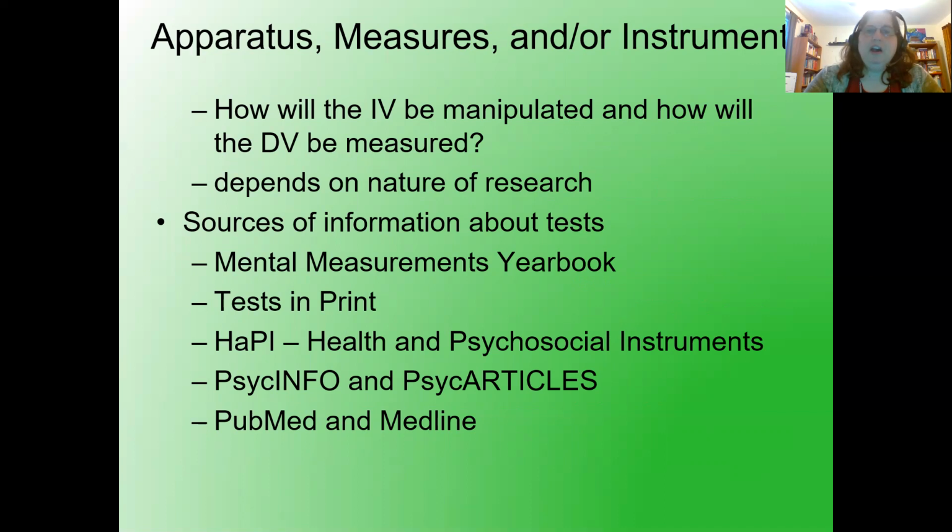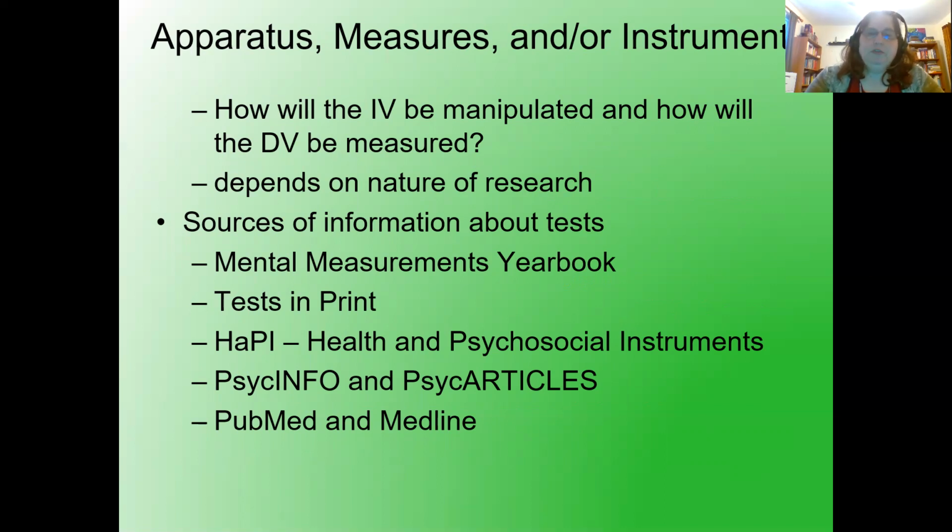So where do you find measures? How do you go about finding them? Well, we talked about some of these resources before, but let's talk about them again. The Mental Measurements Yearbook, Tests in Print, these are all databases. HAPI, Health and Psychosocial Instruments, PsycInfo, PsycArticles, PubMed, Medline, and one that I didn't list here, but you can use is Google Scholar.